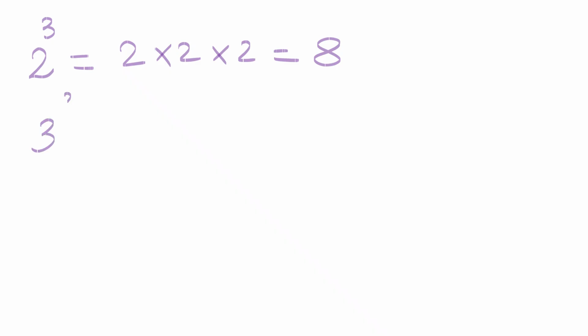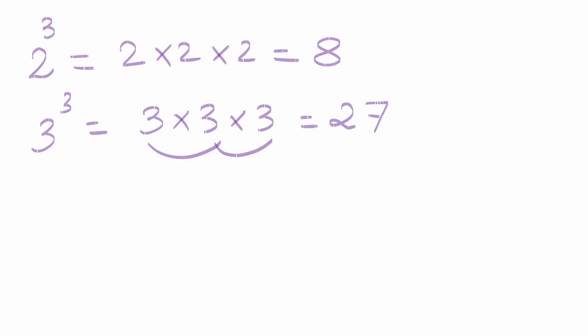Suppose I have 2 and I'm going to find the cube of 2. So I will write 2 here 3 times and then I'll multiply. 2 twos are 4, 4 twos are 8. Then let's say 3 cube. I'll write 3 three times and then simply multiply. 3 threes are 9, 9 threes are 27.